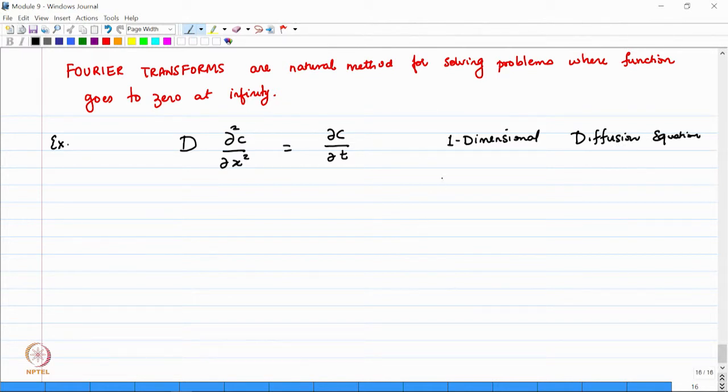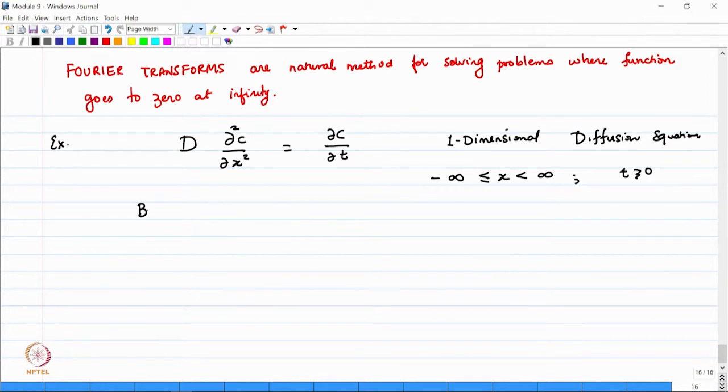The conditions are minus infinity less than x less than infinity, and t greater than or equal to 0. This is a partial differential equation, called the one dimensional diffusion equation.